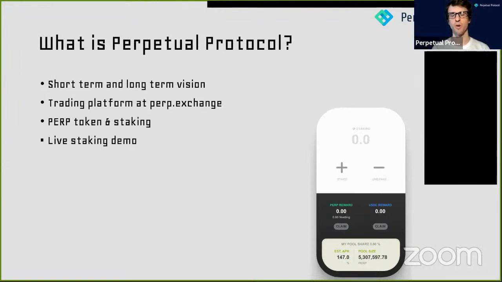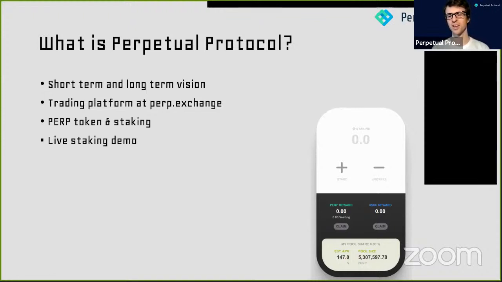So far, we have 12 tokens, which sounds like a small number, but actually in the perpetual space, that's not too bad. The oldest perpetual contract exchange, BitMEX, which is also pretty famous, is not the biggest anymore, and they're not based in the US anymore, but they have 13 different pairs to trade from, and we have 12 already.